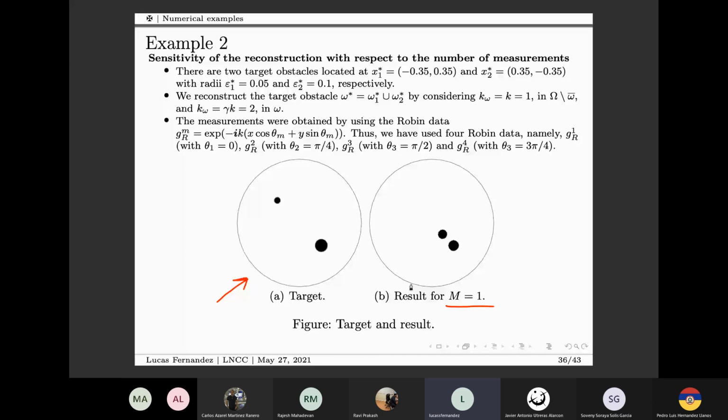As you can see, we failed in reconstructing both obstacles. Their sizes were not accurately predicted, and their centers don't match the true ones.